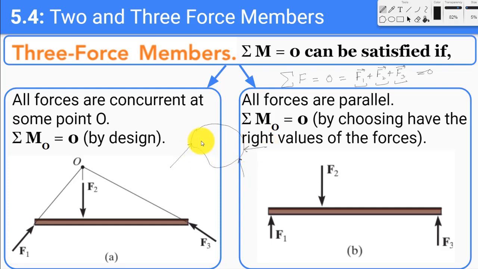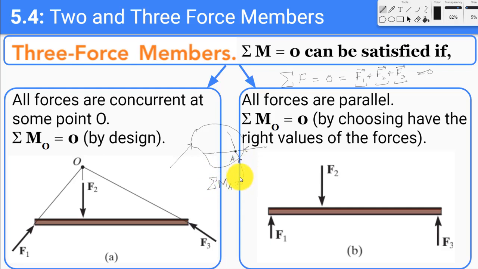As we can already see, these three forces are not concurrent, and if we were to draw a line along here and a line along here, these two forces pass through this point here. Let's just call this point A.